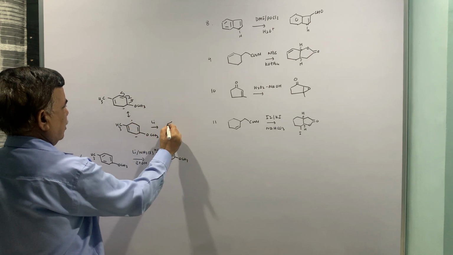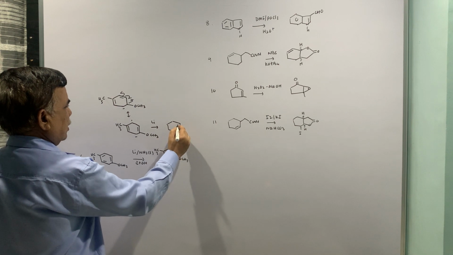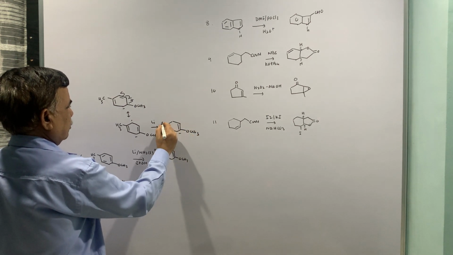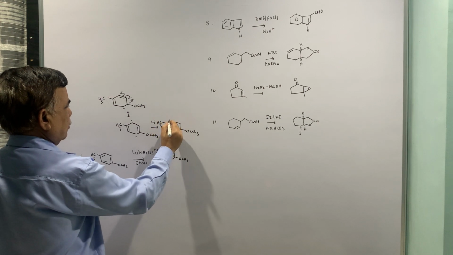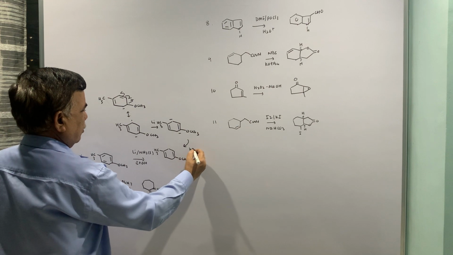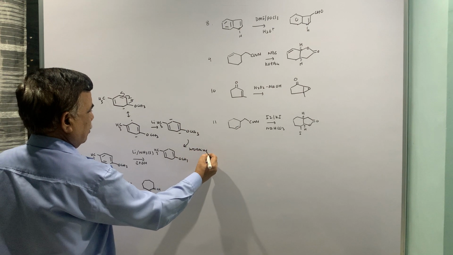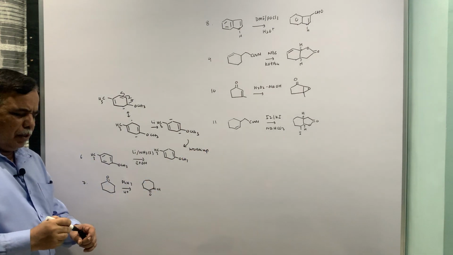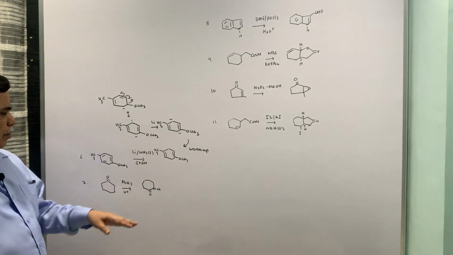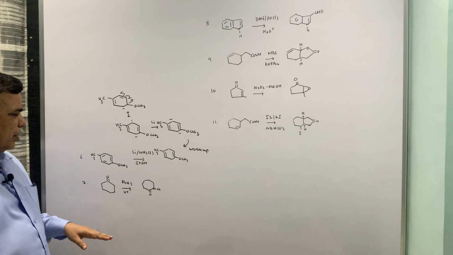One more lithium, so this becomes dianion, which eventually takes a proton from workup. Workup, that is ethanol, and you get this. This is partial reduction or Birch reduction, to be precise.